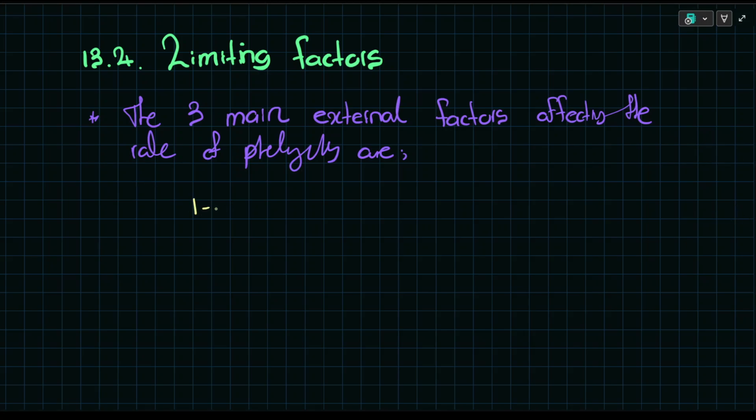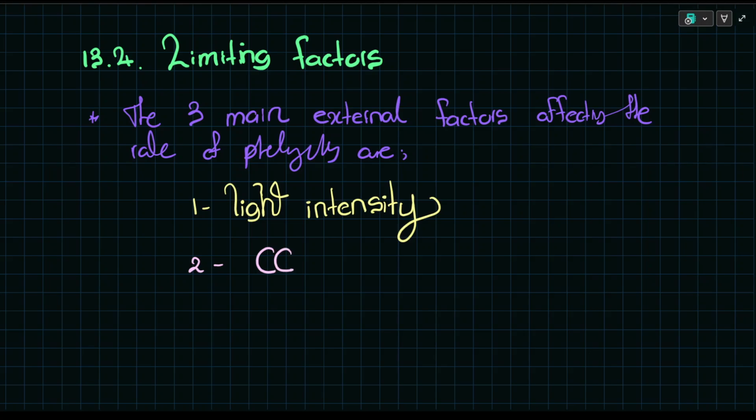Please remember these in this particular order and it will be much easier to move on from one to the next. Light intensity. Number two, carbon dioxide concentration. I would write it like this, carbon dioxide concentration, if you were IGCSE.